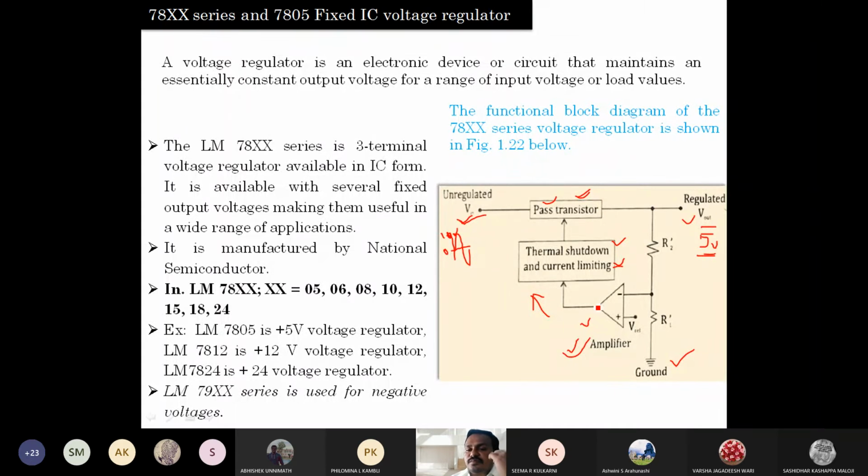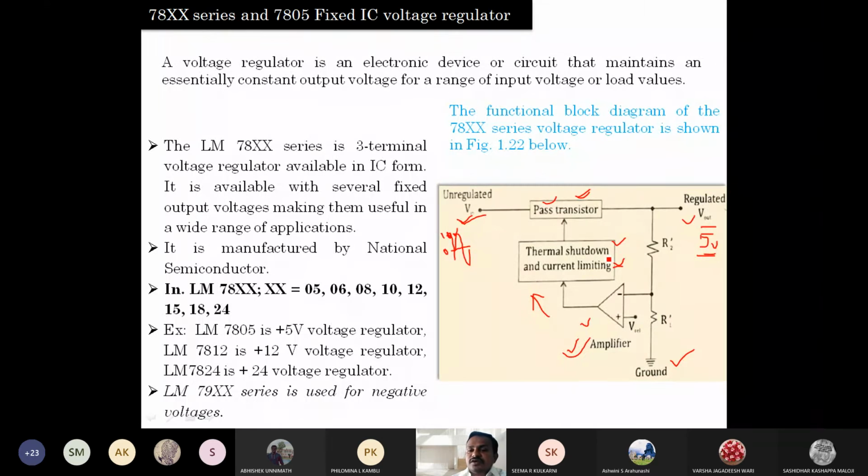So this is the simple introduction to the functional block diagram of the 78XX series. The pass transistor simply passes the input to the output side based on the input current, and that current depends on the current limiting and thermal shutdown.